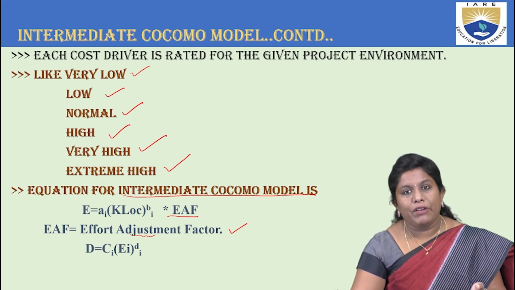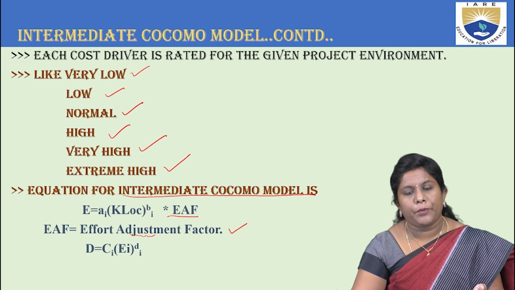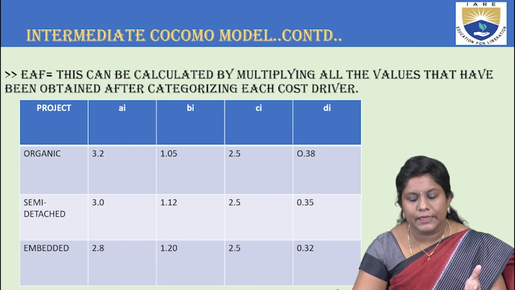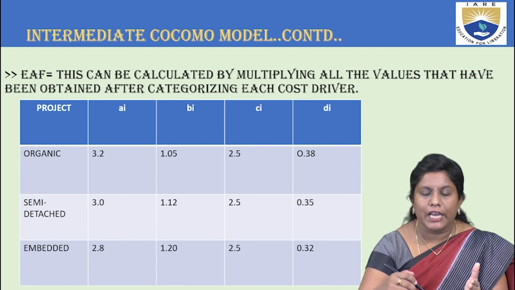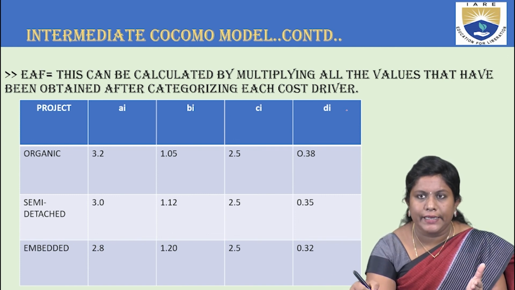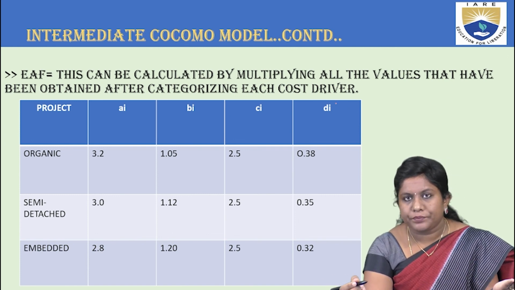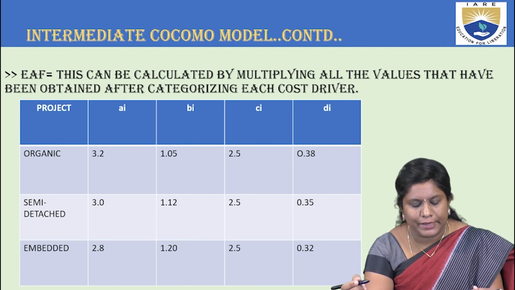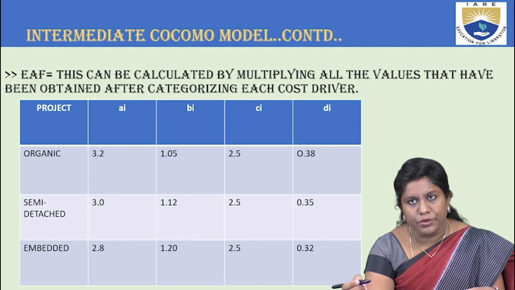Next, the development time. How do you calculate the development time? The product of cost and effort. So this is a table that is needed for you to take the values of AI, BI, CI and DI as we have seen for the previous models. Just substitute the values for the organic mode, semi-detached mode and the embedded mode. Okay.